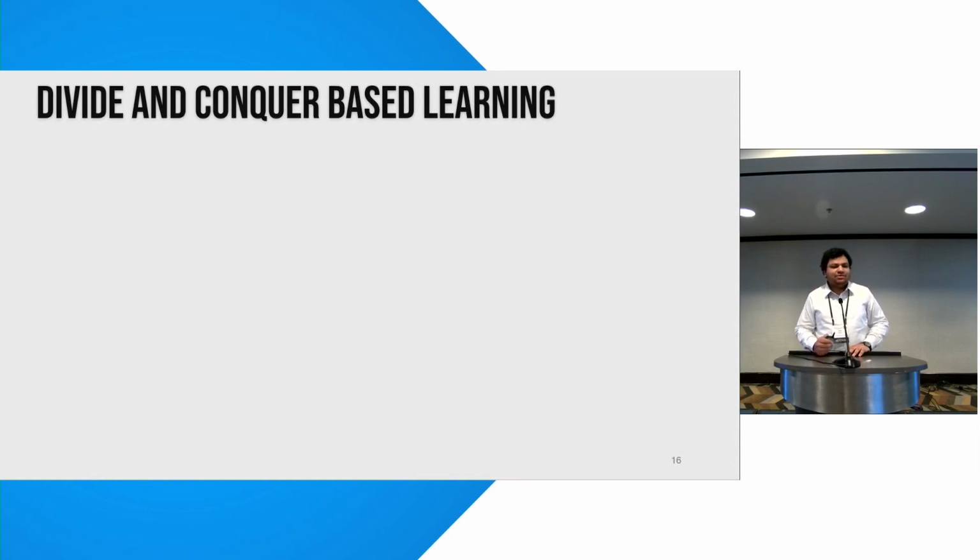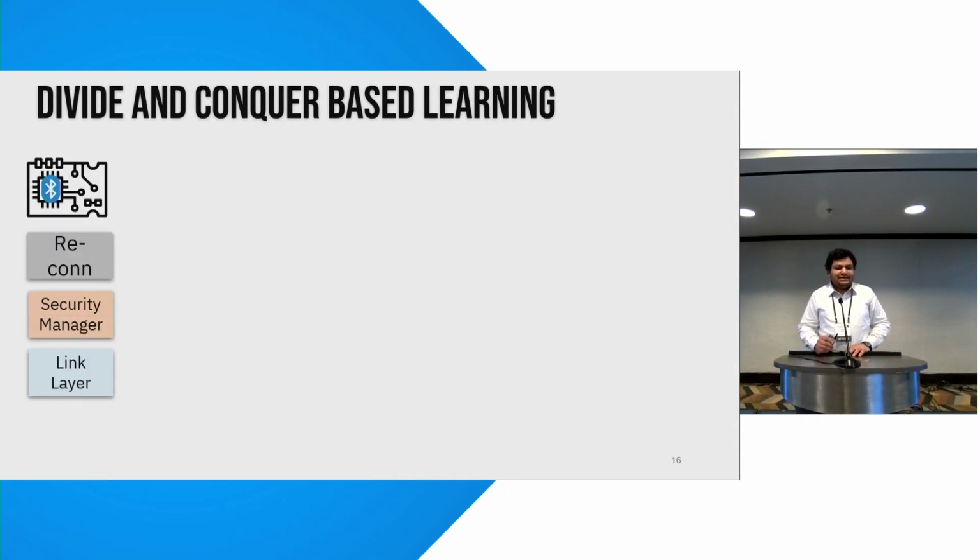We devise a new active automata learning approach based on divide and conquer. At the core of the idea is that we divide the Bluetooth protocol into multiple sub-protocols. We identify dependencies for each sub-protocol, their initial states and input symbols, and extract a finite state machine for each of them.